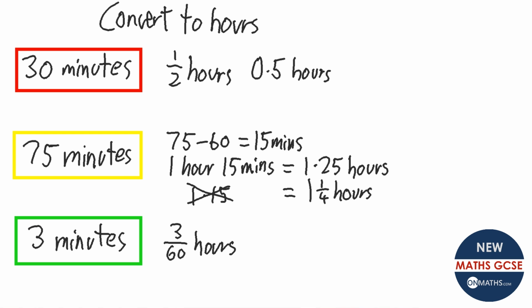Now, you could write this as a decimal by using your calculator, doing 3 divided by 60. I can actually cancel that down if I look at it. You can divide top and bottom by 3, so that becomes 1 over 20, so 1/20th of an hour. And that's going to be 0.05.